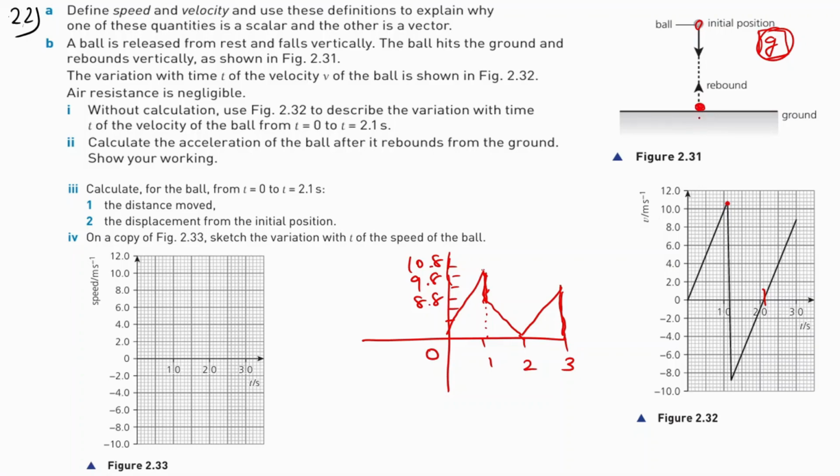After hitting the ground, it changes direction. You can see here this is the direction before hitting the ground. After hitting the ground, the direction of velocity is completely shifted by pi, or 180 degrees. Velocity is a vector quantity, so you have to clearly consider the direction of velocity as well.